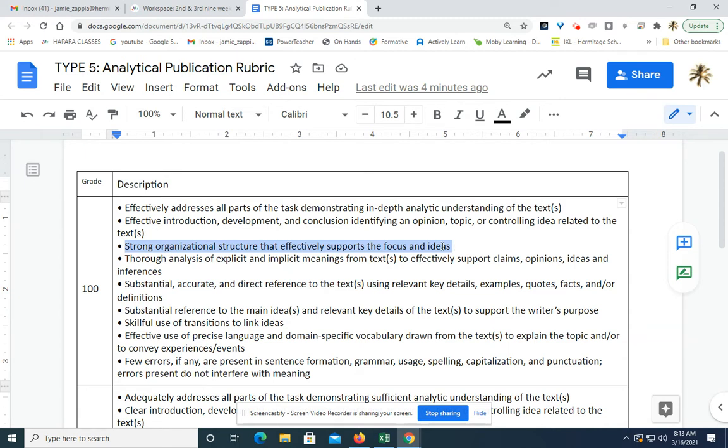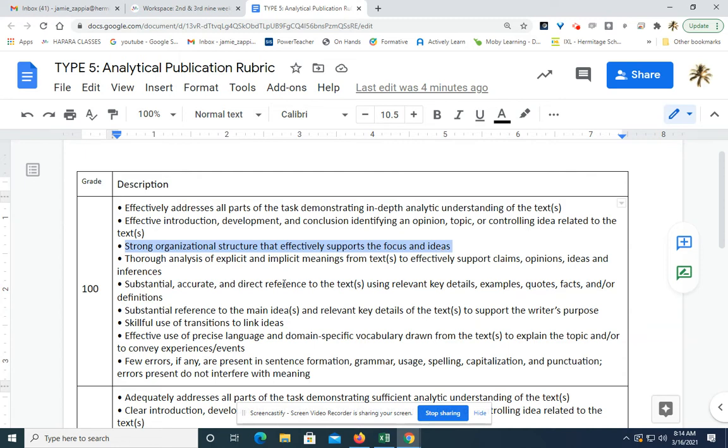So as we just looked at, 4 of these bold-faced items of the 9 are for analysis. And now we have 2, so now that's 2 of the 9 are for your organization, thesis statement, claim statements, and paragraphing structure.